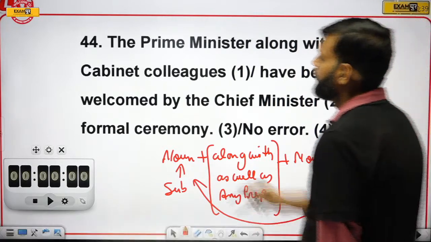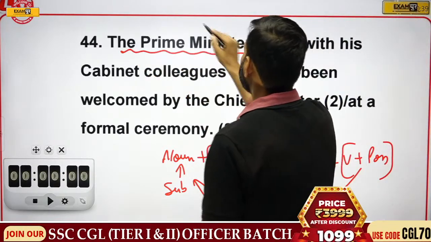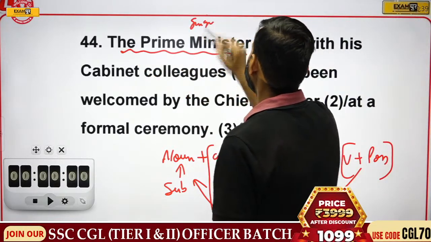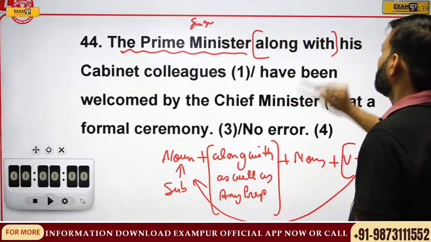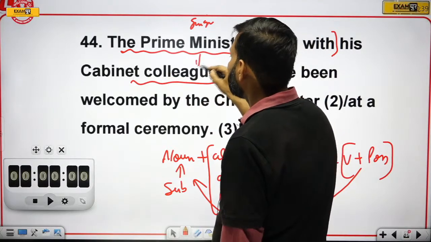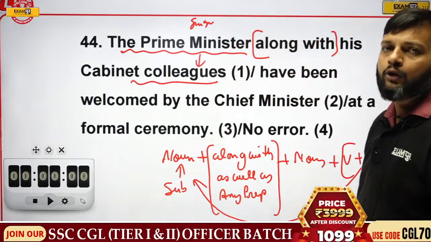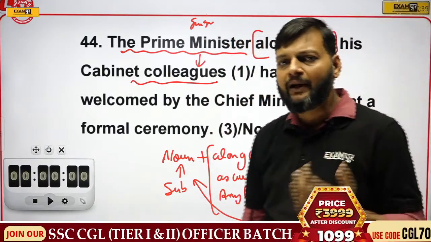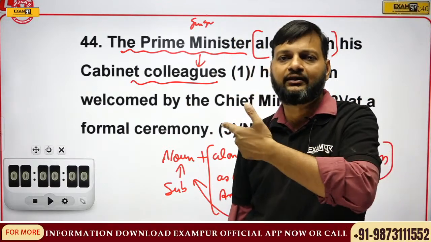Okay, so here we have the Prime Minister, which is singular. Then we have along with, and along with is followed by colleagues. Although colleagues is plural, we have along with.